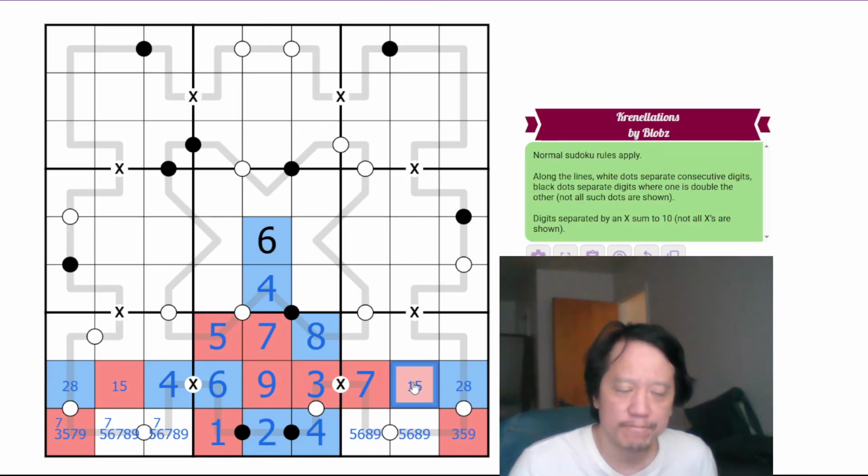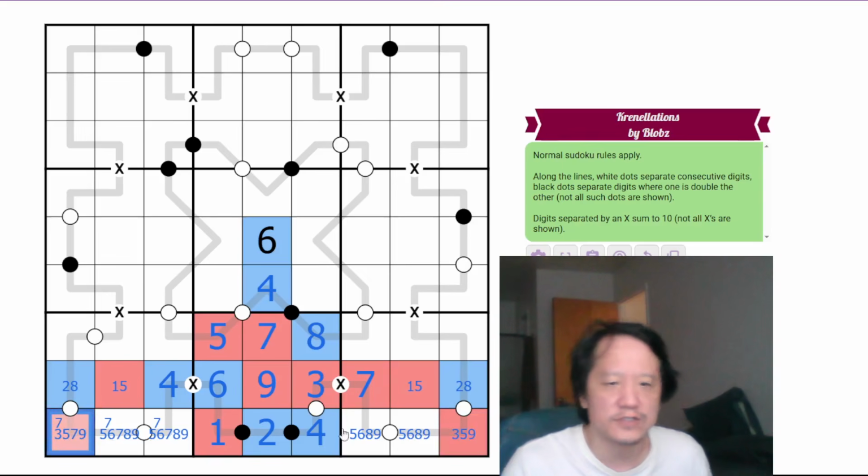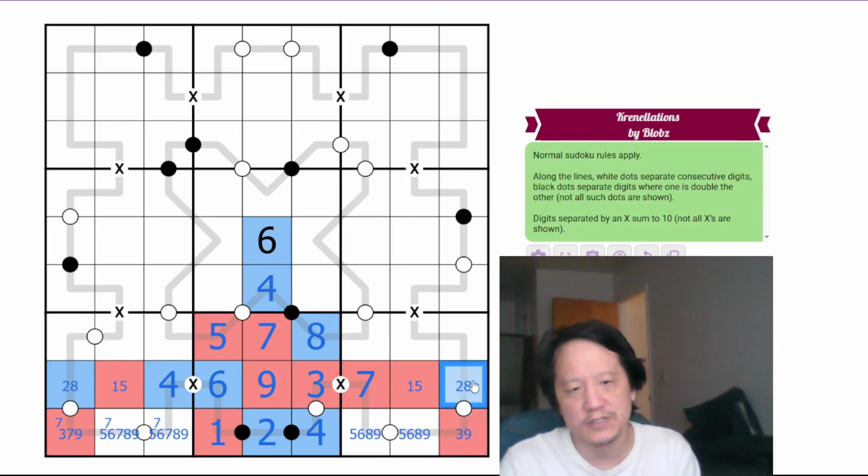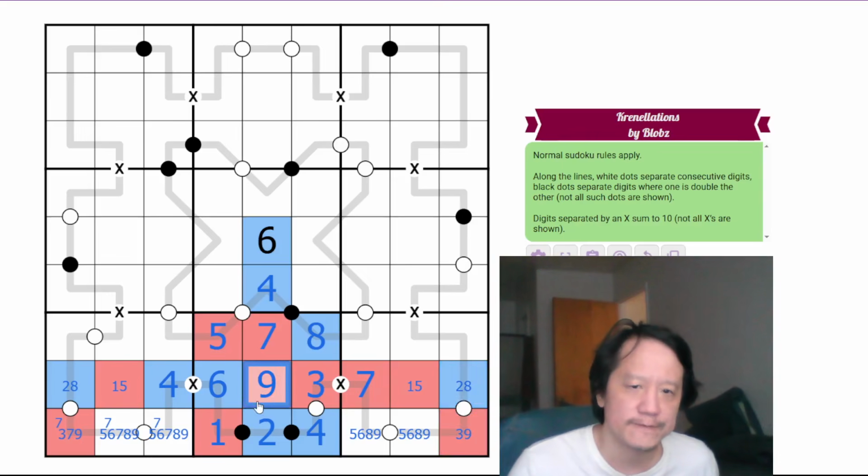Okay. So one of these, it has to be 2, which is consecutive with 3. One of these is 8, which is only consecutive with 7 or 9. So 5, obviously, cannot be either of these digits here, because that's not consecutive with 2 or 8.